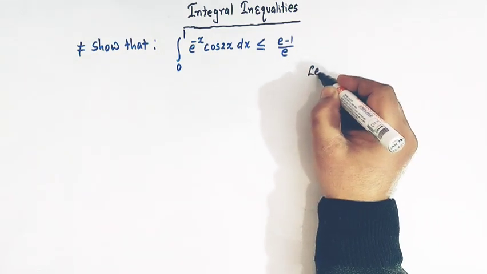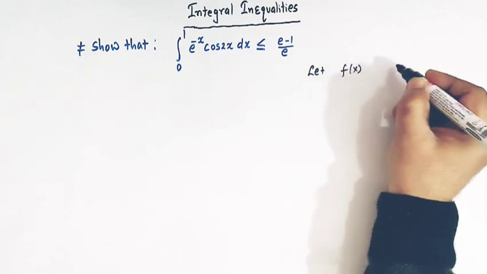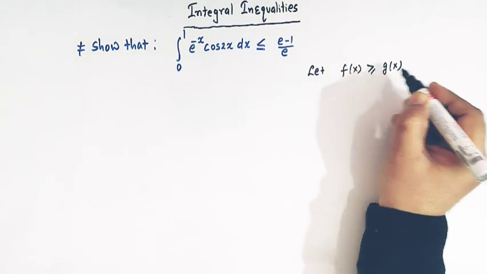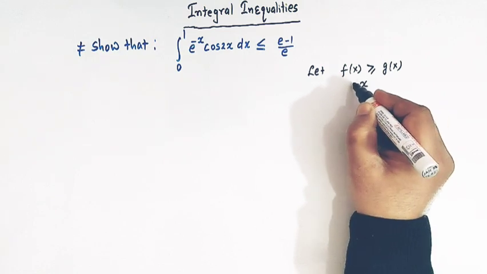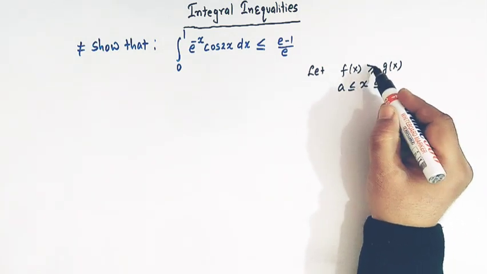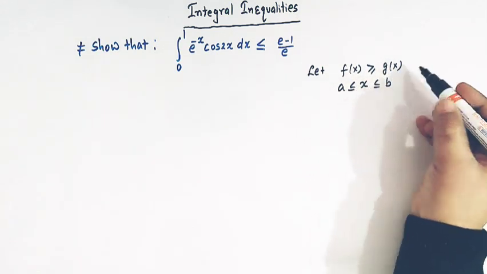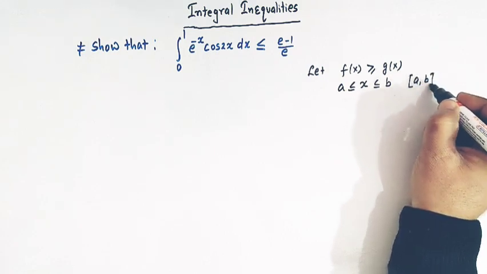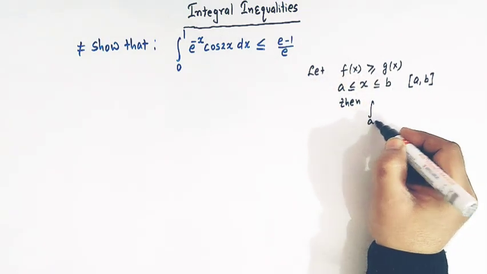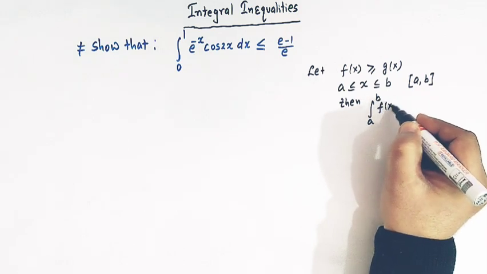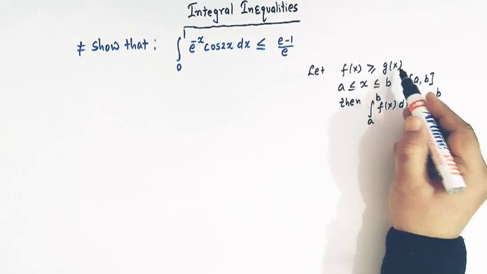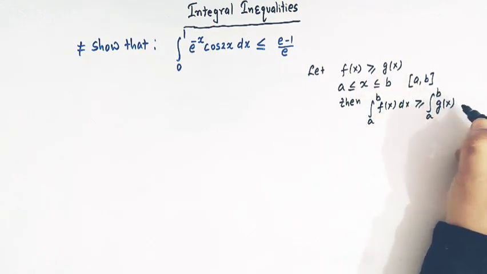Say if we have two functions, f of x and g of x, and f of x is greater than or equal to g of x in the interval a to b, then the integral of f of x from a to b is also greater than or equal to the integral of g of x from a to b.